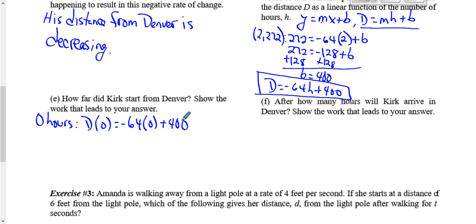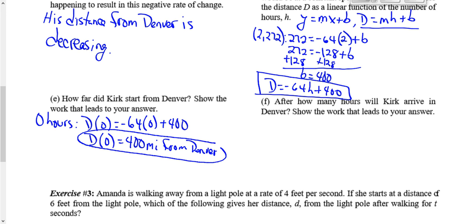Yeah. So what does D of 0 equal? 400. 400 miles from Denver. See how I put a 0 in for the H? No hours have gone by. He starts right from Denver. Okay?